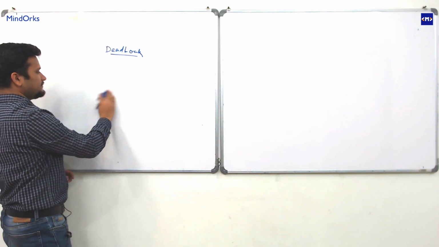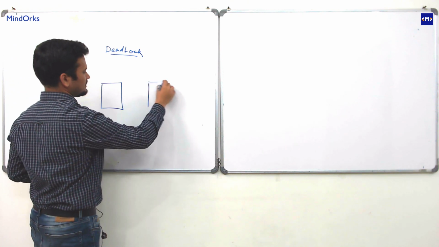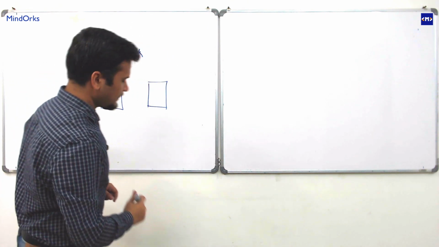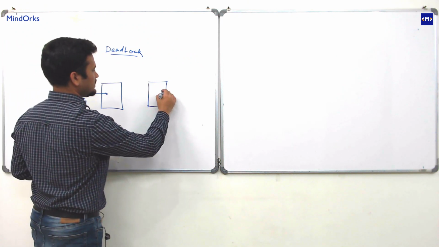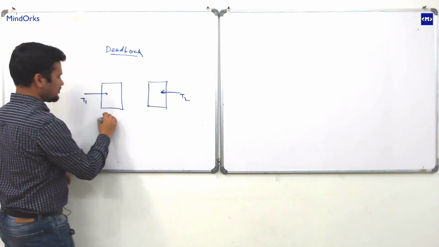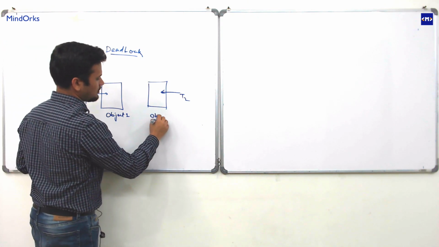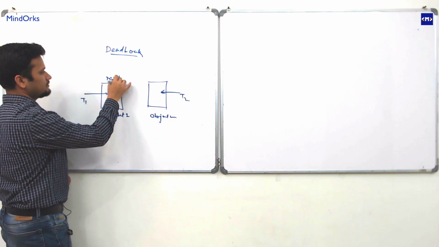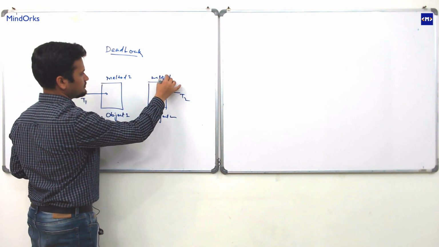So basically, let's give a simple example. This is thread 1, T1. This is thread T2. This is object 1, and this is object 2. This is inside some method 1, for example, and this is inside method 2.